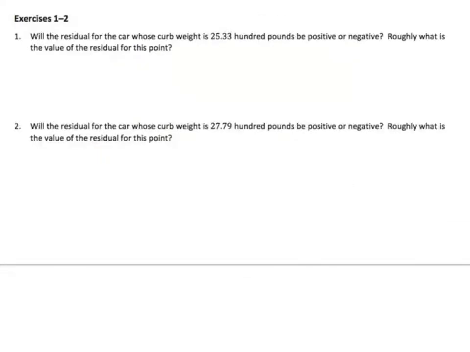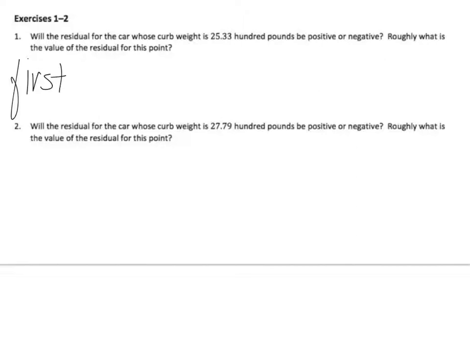Will the residual for the car whose curb weight is 25.33 hundreds of pounds be positive or negative? If you look at the table, that is the first data point in the graph. So will the residual be positive or negative?